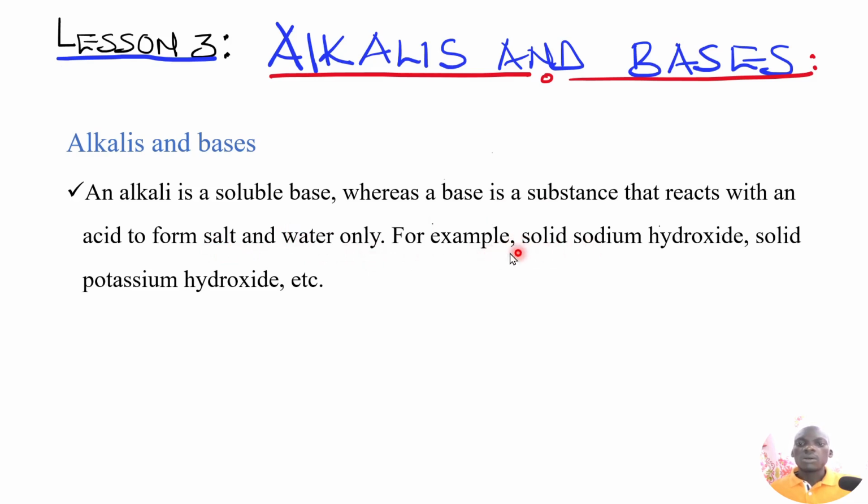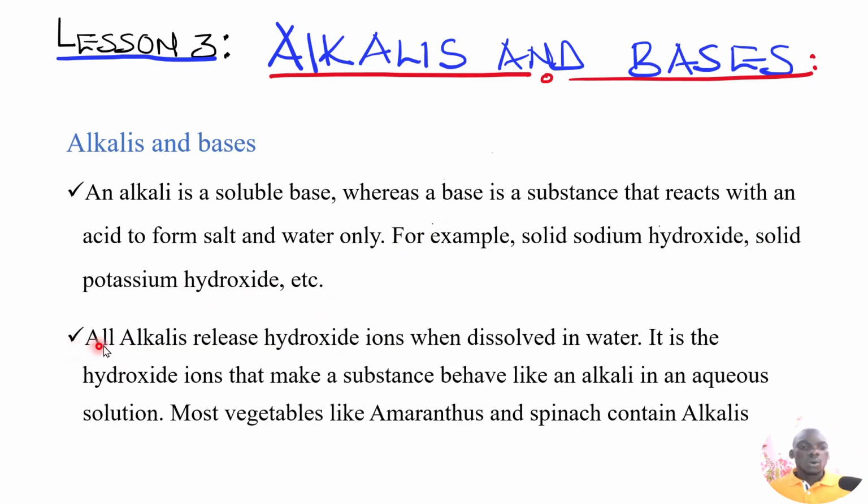For example, we can have solid sodium hydroxide, or sodium hydroxide pellets. We can also have solid potassium hydroxide, etc. We are saying that all alkalis release hydroxide ions when dissolved in water.